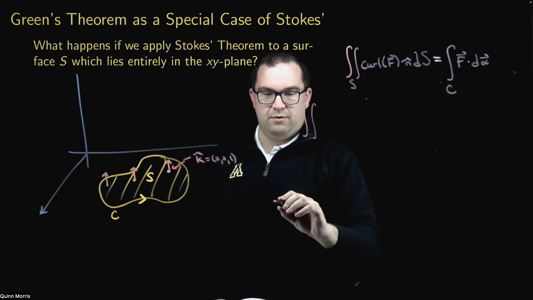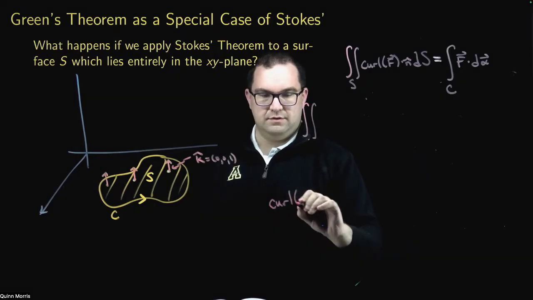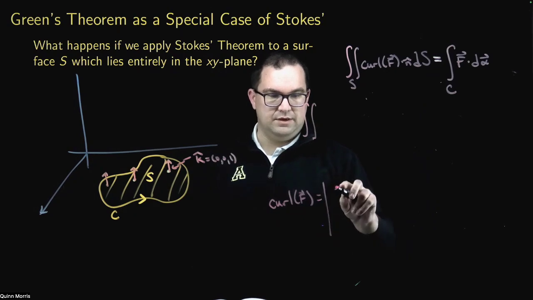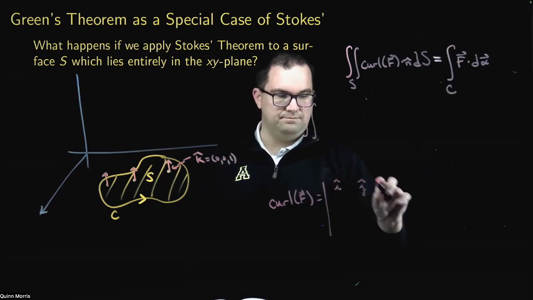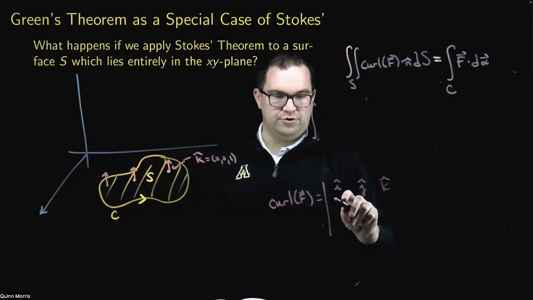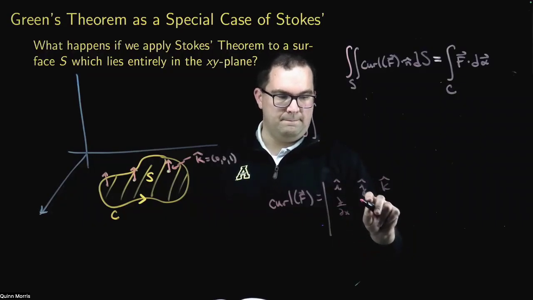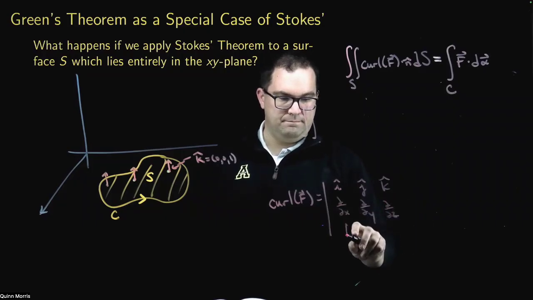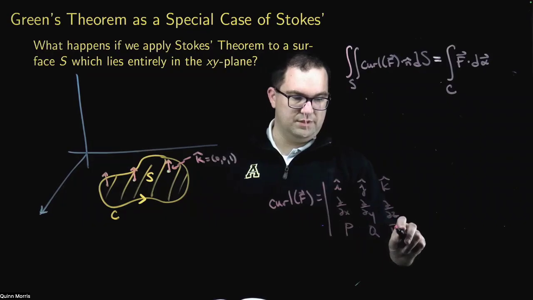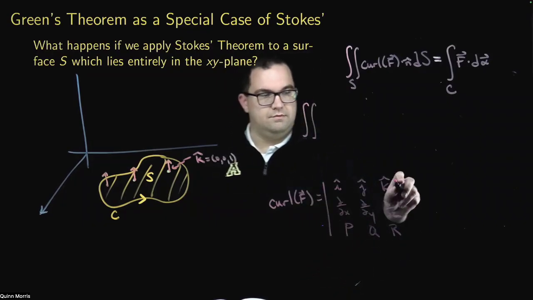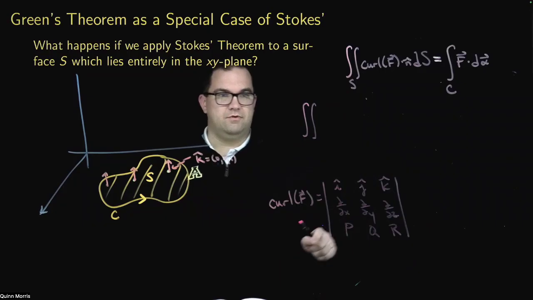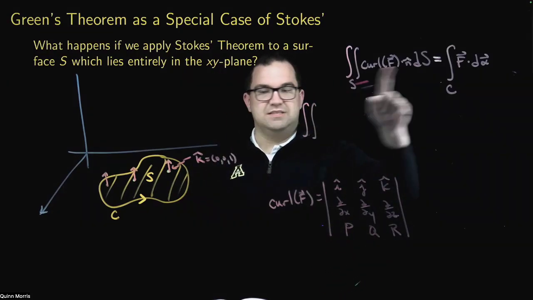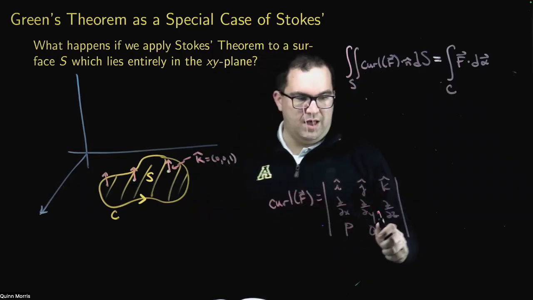So if I think about what the curl of F is, normally I write it out in this determinant form. And we generally assume that we have our vector field F in terms of its components, P, Q, and R. But the only thing I care about here is the z component, because that's the only one that's going to survive.